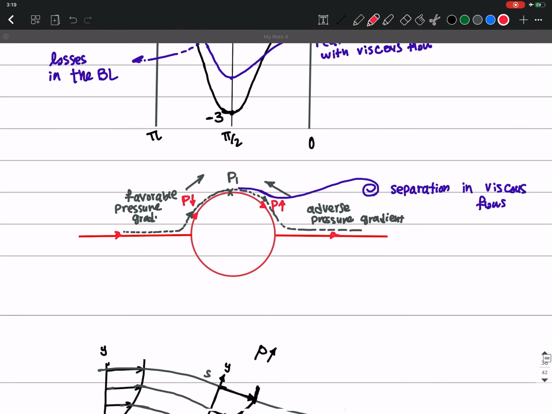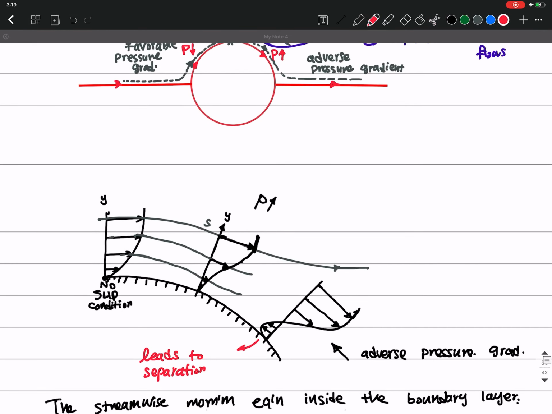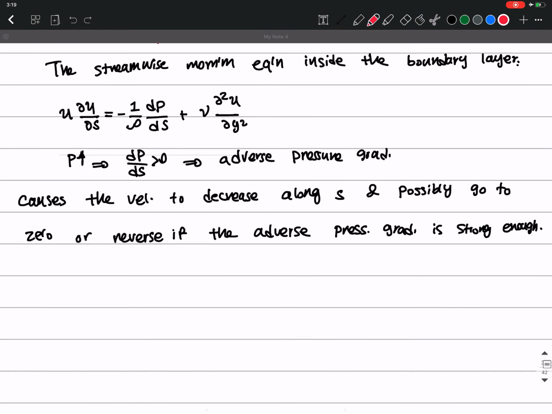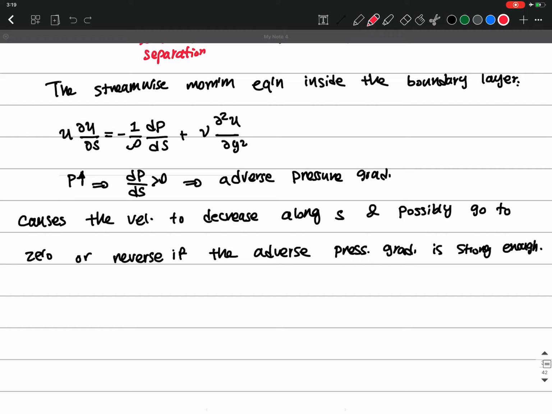So that's why we see this here. So the flow will separate, will go this way, and it will separate. Okay? So this is why in real world we might have flow separations.